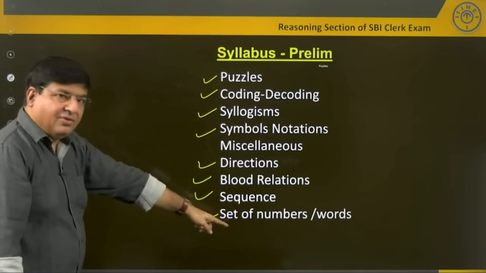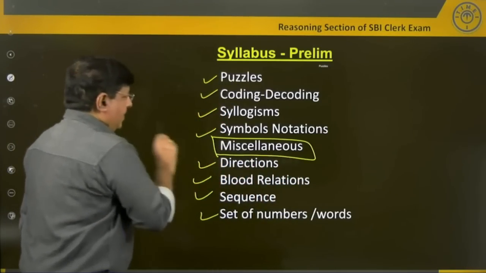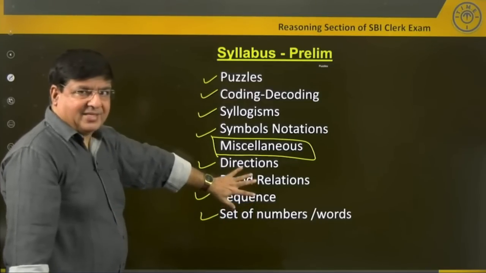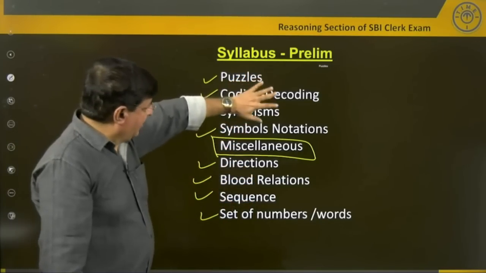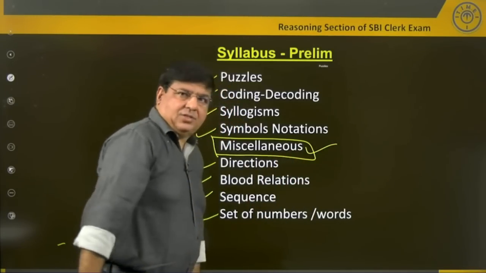Whatever is not covered in this, we will put under miscellaneous. So top 4 topics and bottom 4 topics, 8 topics. Whatever is not covered in these 8 topics, you can categorize as miscellaneous.